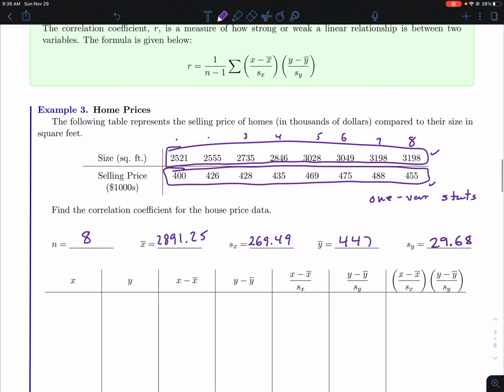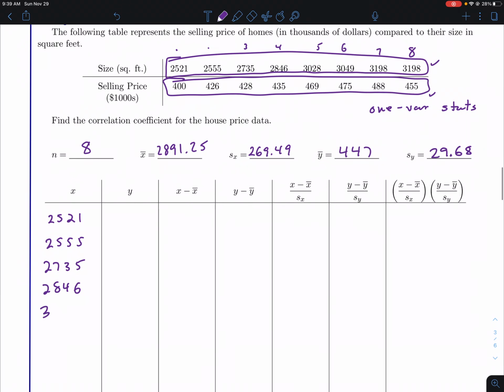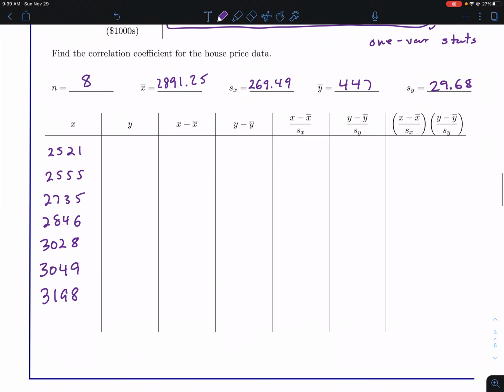Our X is just all these different input values: 2521, 2555, 2735, 2846, 3028, 3049, 3198, and another 3198.